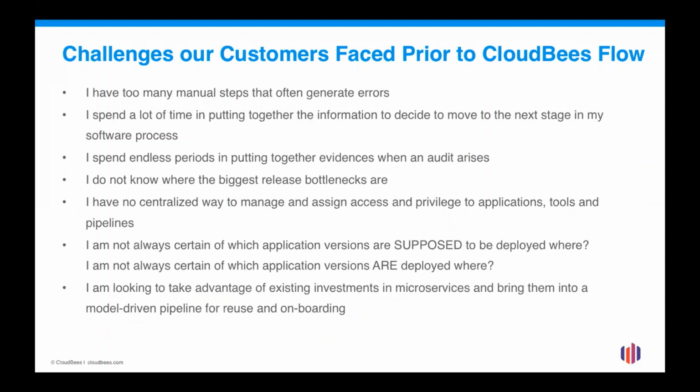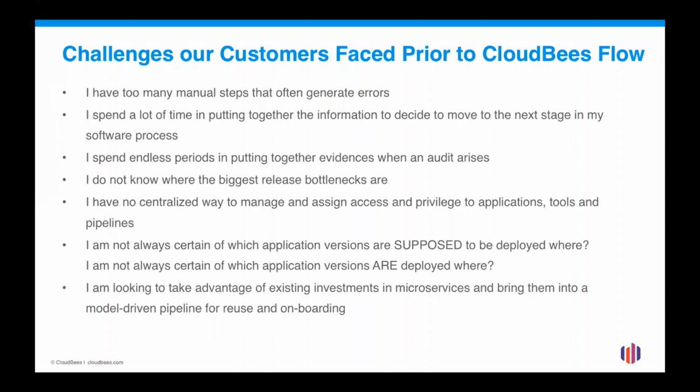I will not necessarily go through all of these, but the first one is quite obvious, I believe, for everyone. I have too many manual steps, and that often generates errors. Because it's not automated, my process is not reliable.